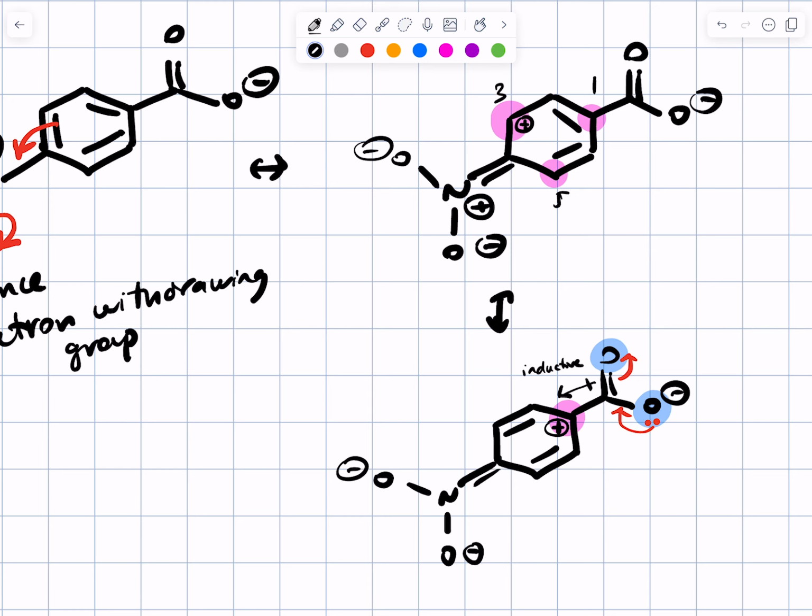I guess you're noting that only in the resonance structure when the positive charge is on carbon 1 do we have the positive charge adjacent here, and you're asking does that have an effect? Maybe, though with resonance you need to think of that positive charge as just being delocalized across all three carbons, not switching back and forth. Yeah. Okay. All right. There's more we could say there. I think that's probably good enough.